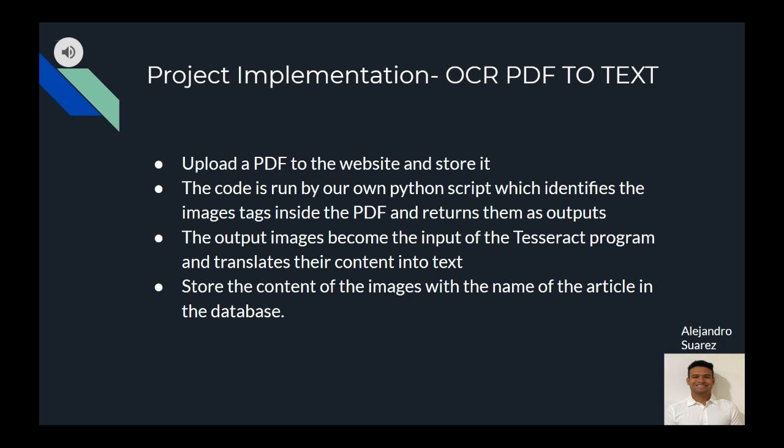The code will be run on a Python script and will identify the image tags inside the PDF, and it will return them as outputs, which then will become the inputs of the text recognition program, and then that text inside the pictures will be labeled and stored and saved in the database for access.